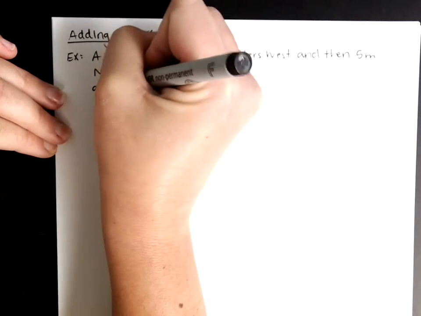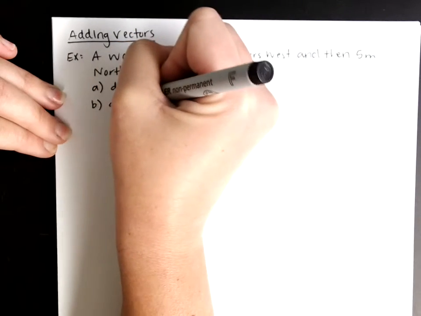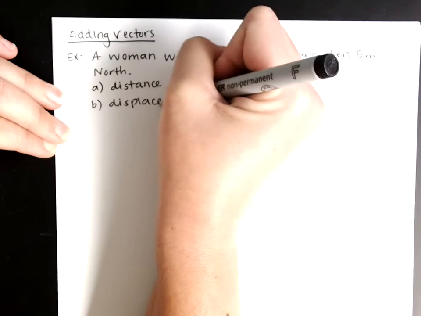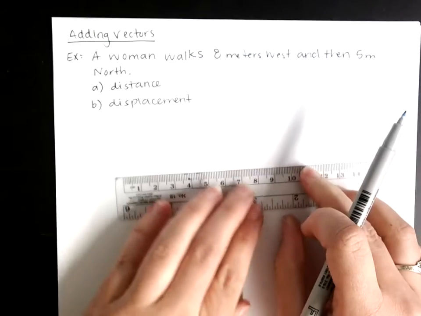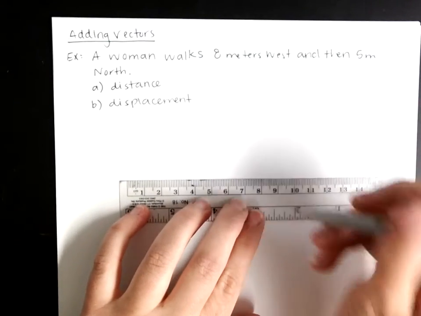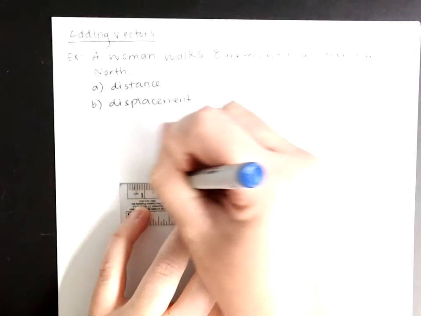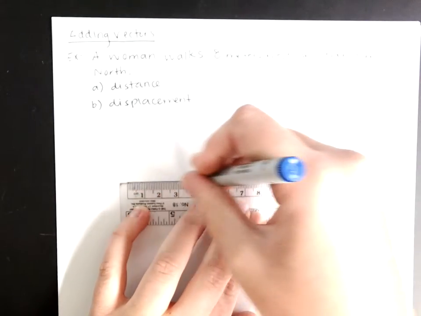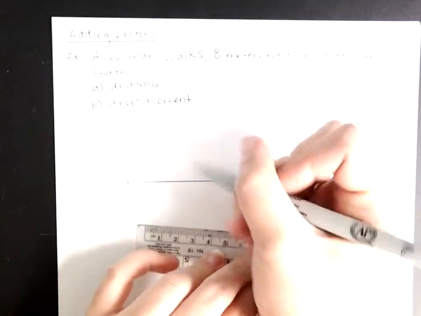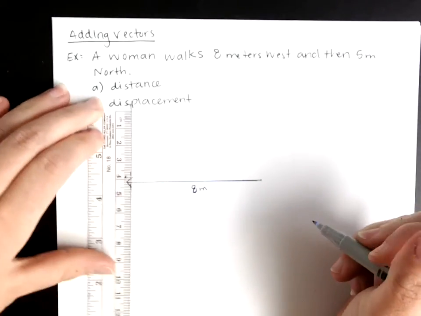We want to find A, her distance, and B, her displacement. So first thing she does is walk 8 meters west. So I'm going to draw a vector pointing to the left. So that's west. That is 8 centimeters long. This one's 8. And then I'm going to draw another vector 5 meters north.